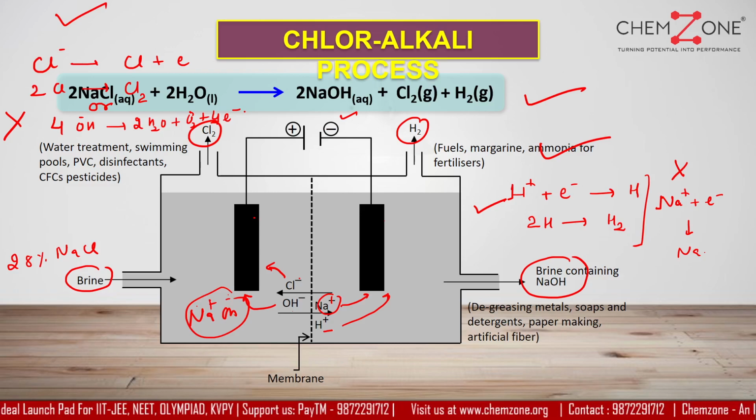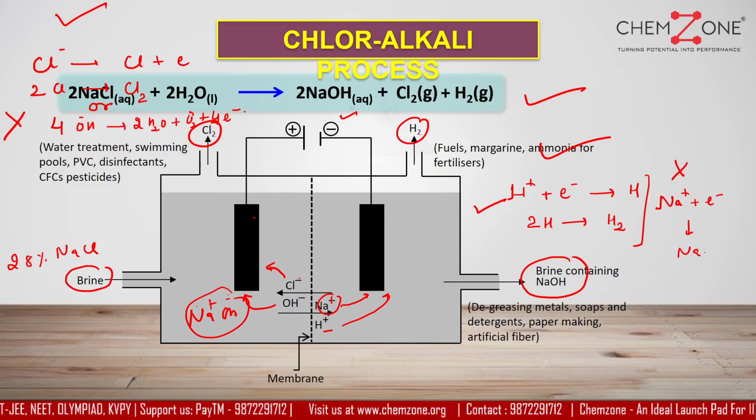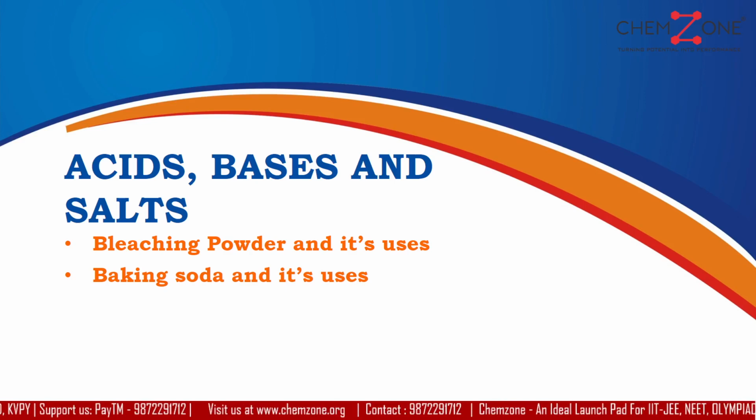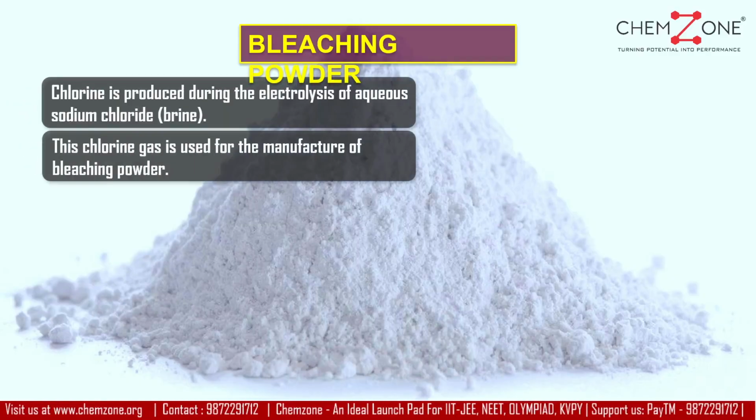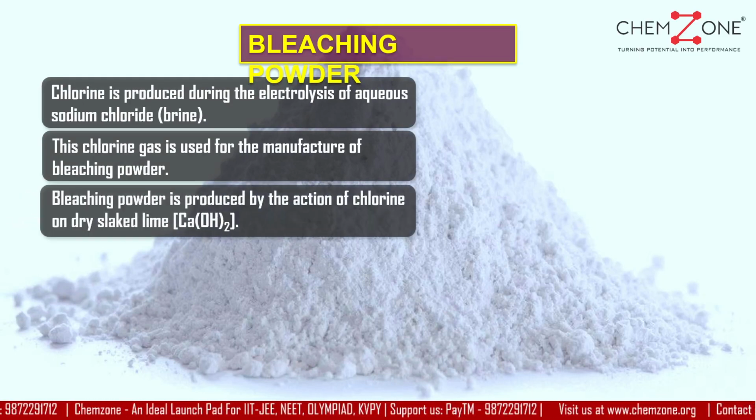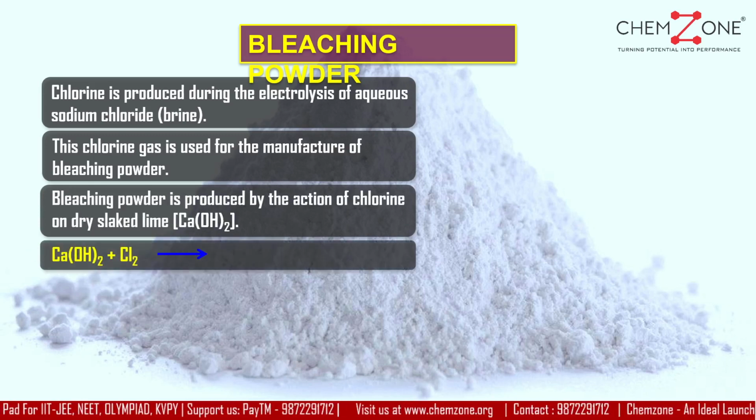Note it down. So chlorine is produced in the electrolysis of aqueous sodium chloride. This chlorine is used for manufacturing bleaching powder. Just read it, you'll get it.